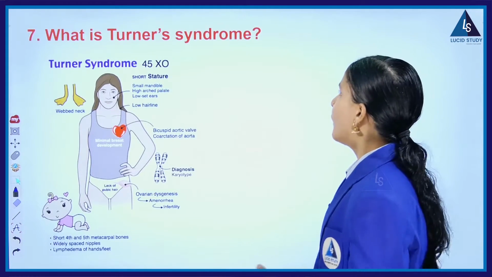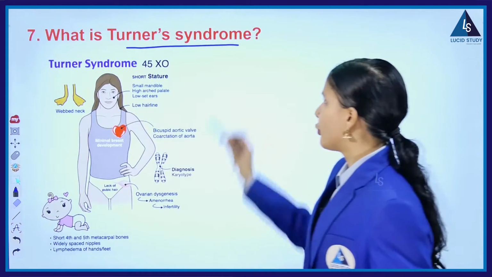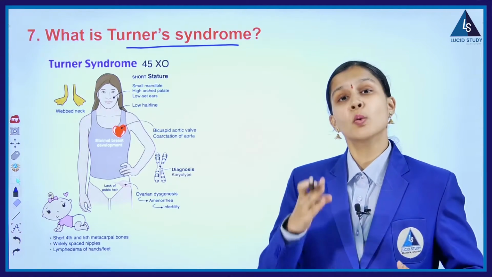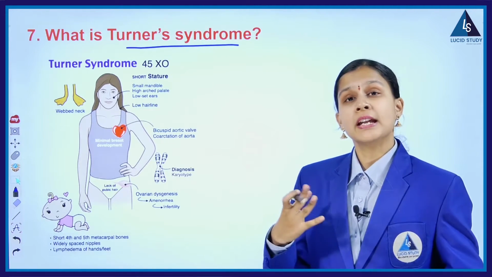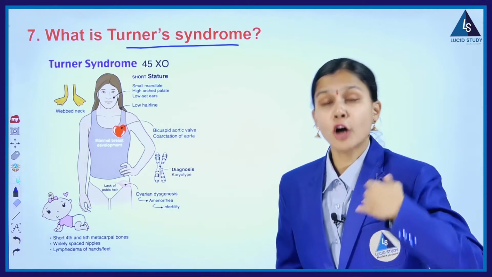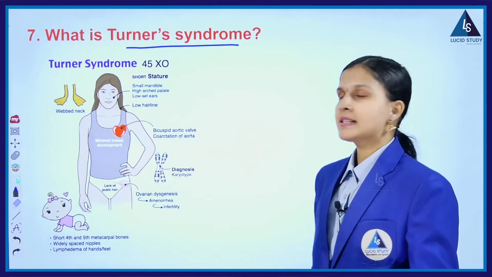Next question. What is Turner's syndrome? So here it is usually an allosomal disorder which is caused usually in females. It is caused by the monosomy of the 23rd pair of chromosome. What happens here?